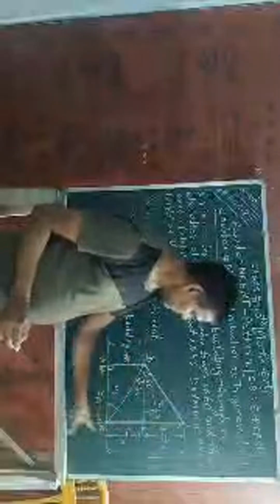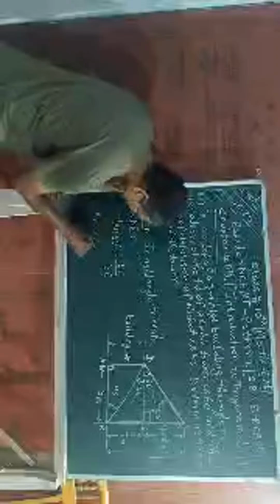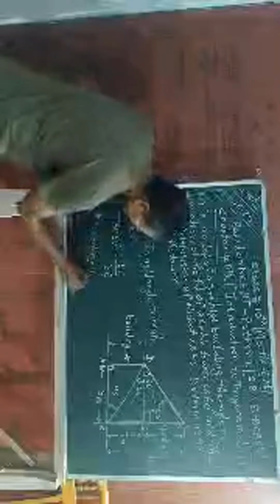The other side is the base, DE, and DE is equal to AB, because DA and EB are parallel to each other, so this length will be equal to that length. So here I will write tan 60 degrees equals EC divided by DE, according to the diagram.